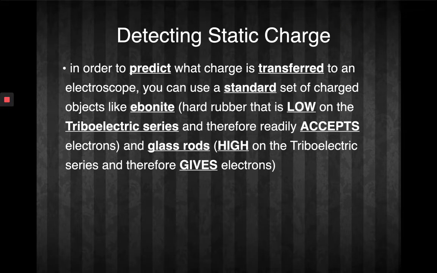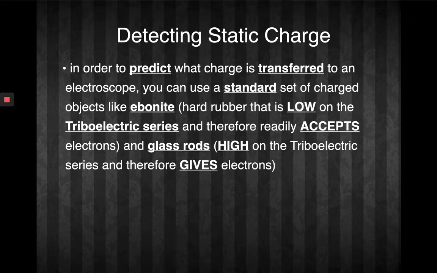So in order to predict when a charge is transferred, or what charge is transferred into our electroscope, we can use a standard set of charged objects, such as ebonite, so that's a hard rubber, and it's low on our triboelectric series, and therefore it accepts electrons, or we could use a glass rod, which is high on the triboelectric series, and this gives away electrons.